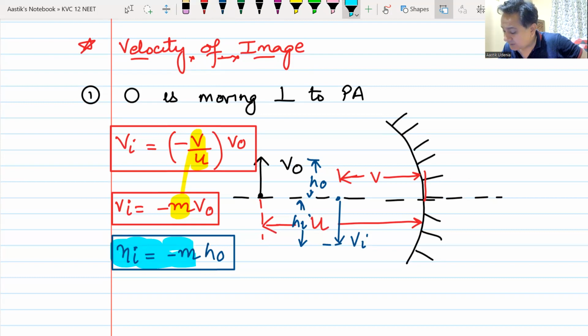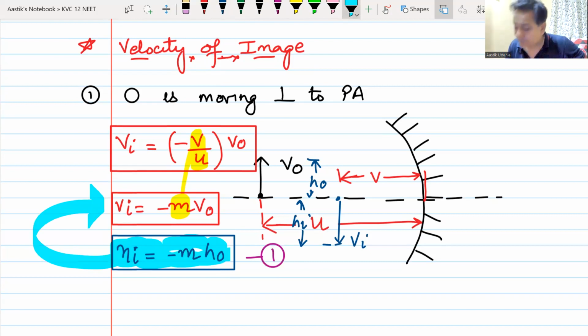If I call this equation number 1, I have differentiated equation number 1, and from the derivative I have got equation number 2. Do we understand what I am saying? So this blue equation and the red equation, they are the same. The red equation is basically determined from the blue equation.